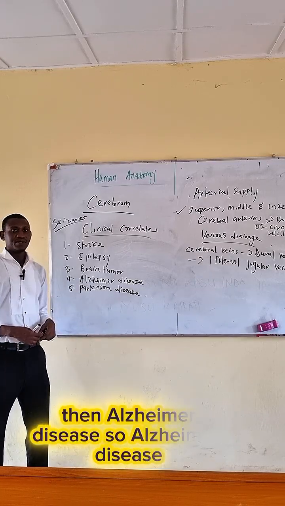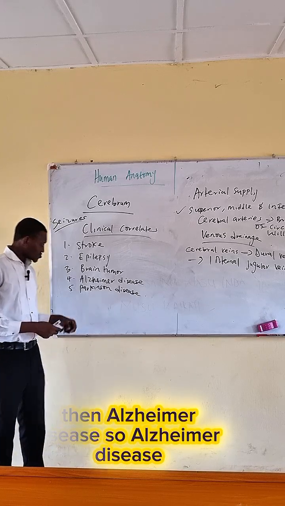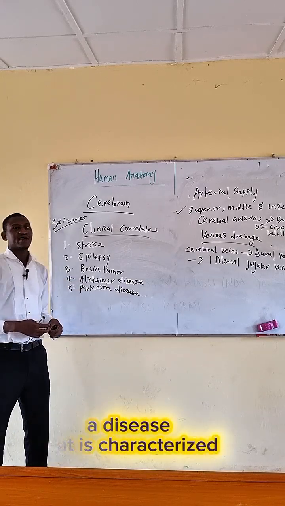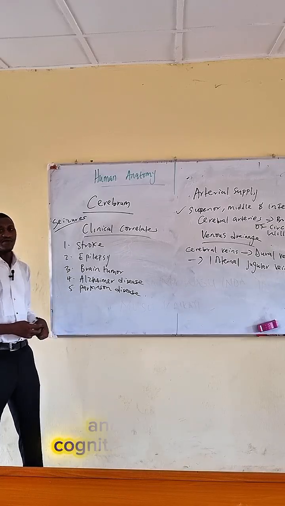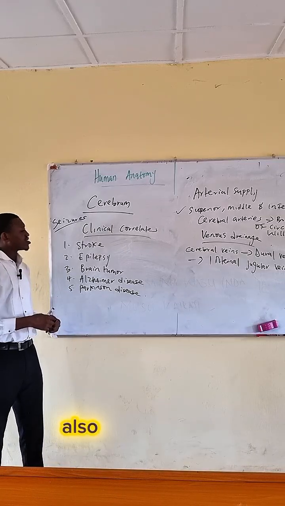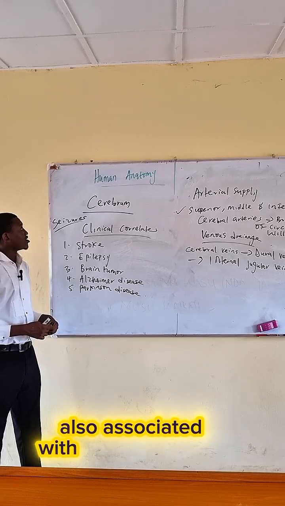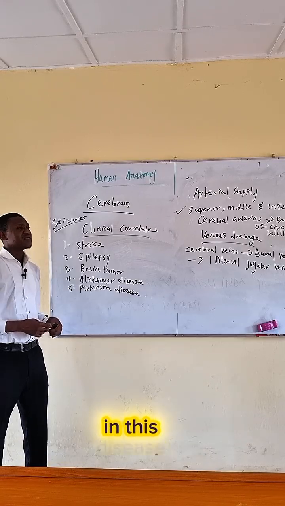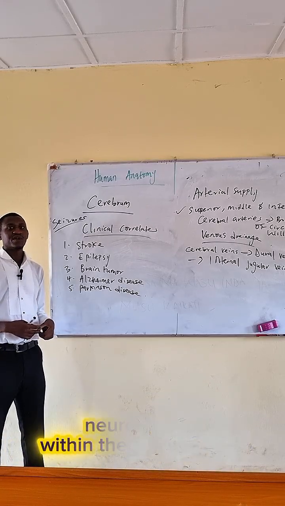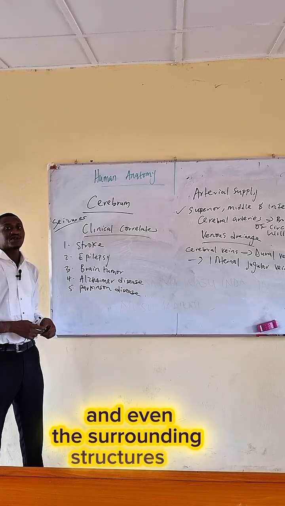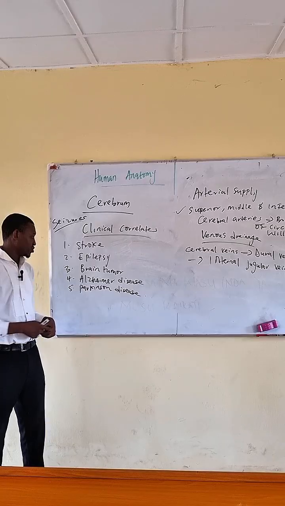Then Alzheimer's disease is a disease that is characterized by loss of memory and even cognitive decline. This disease is also associated with the cerebrum. In this disease, there's usually degeneration of neurons within the cerebrum and even the surrounding structures of the cerebrum, like the hippocampus.